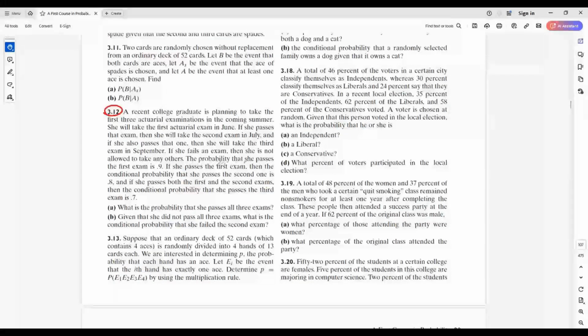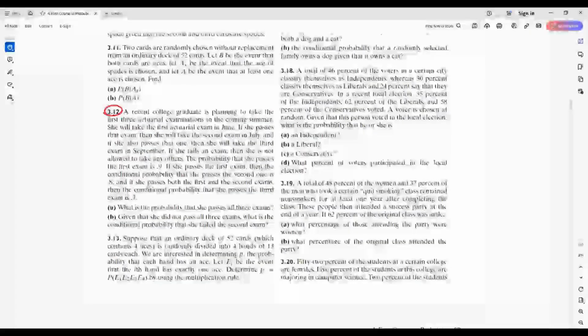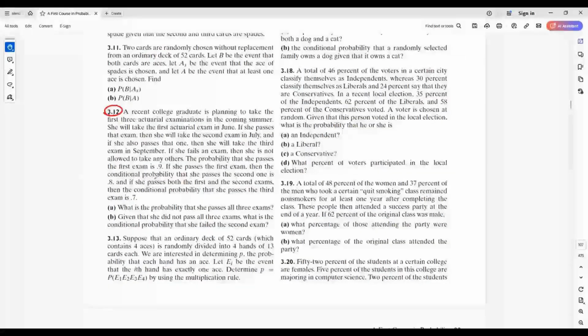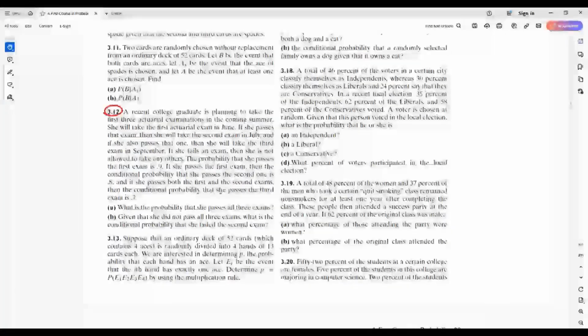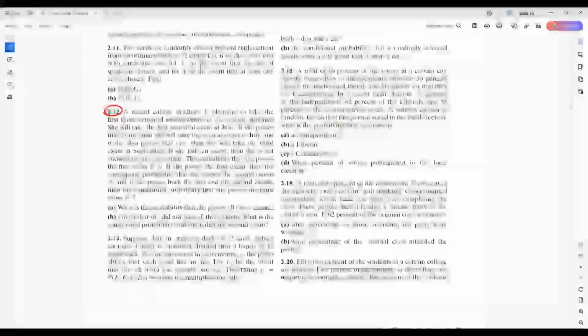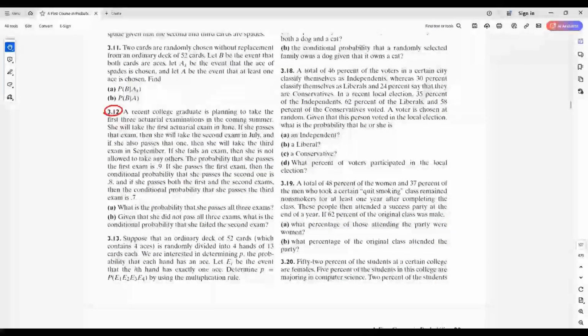The probability that she passes the first exam is 0.9. If she passes the first exam, then the conditional probability that she passes the second one is 0.8. And if she passes both the first and the second exams, then the conditional probability that she passes the third exam is 0.7.